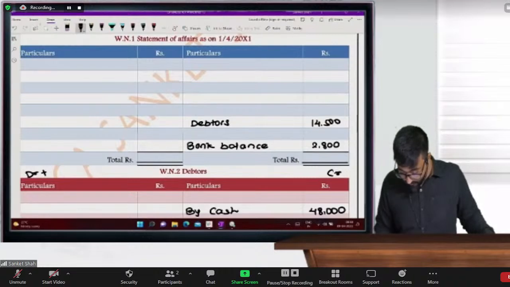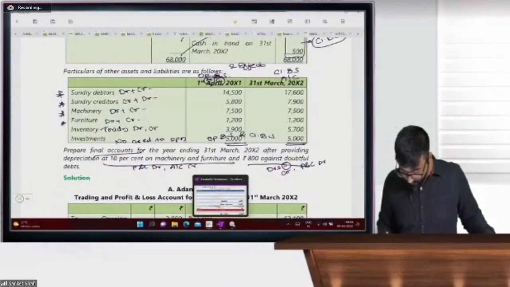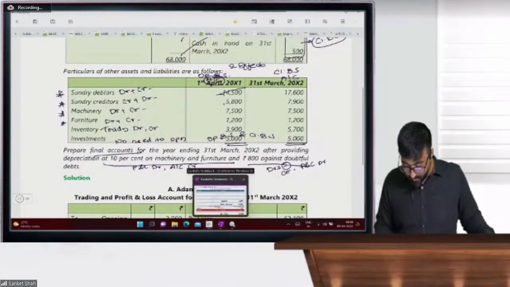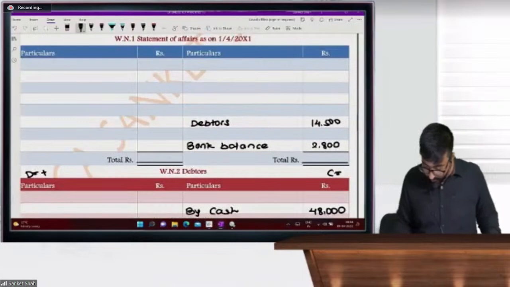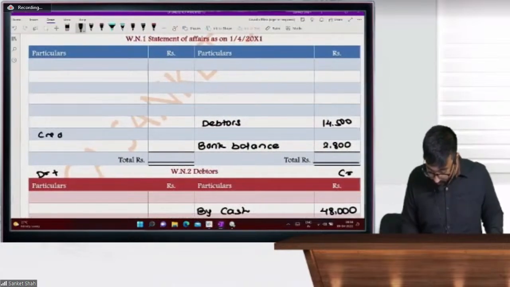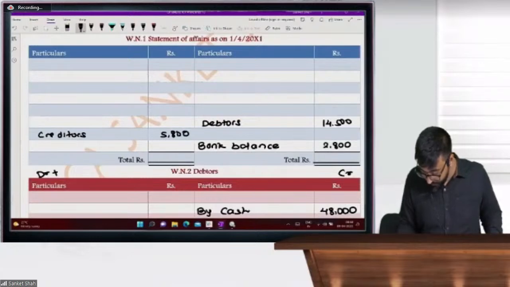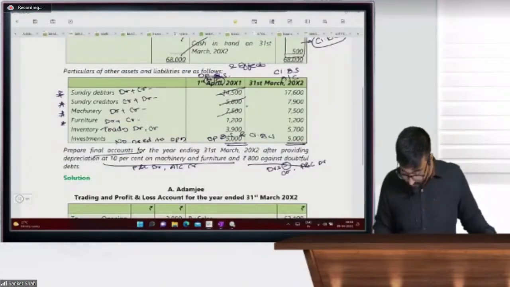Then credit, 14,500. Write one by one. Now first we will write opening balance sheet. Creditors on the liability side. How much? 5,800. Next item is machinery.